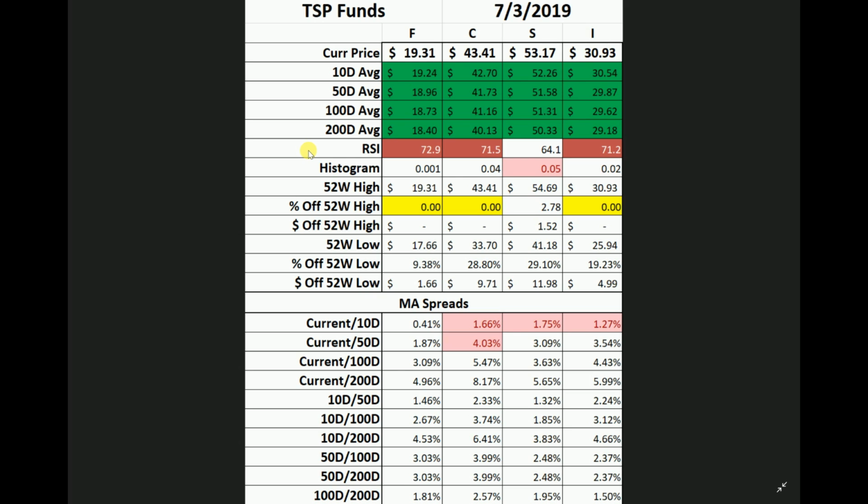Generally speaking, the most common parameters people use for RSI, I believe, is about 10 days or so, maybe 14 days, as far as what kind of period they're looking at. Any RSI reading above 70 is generally considered overbought, and anything under 30 is considered oversold.